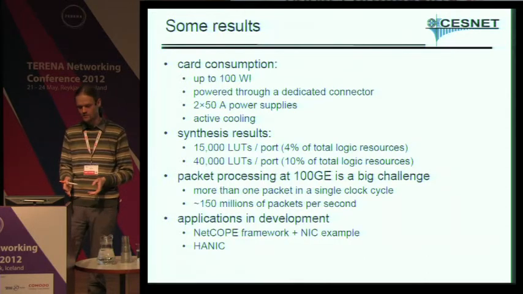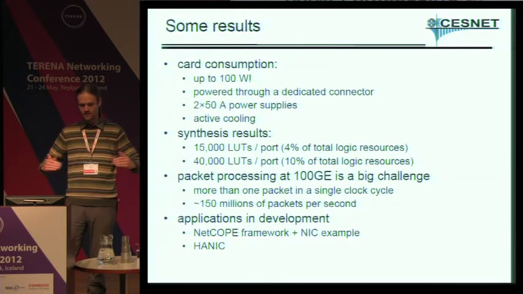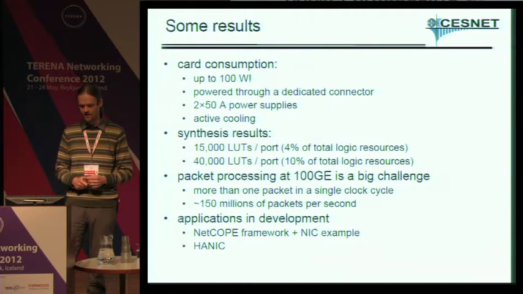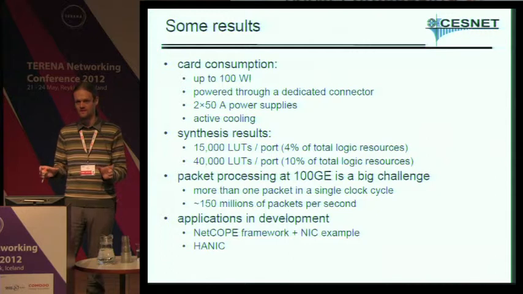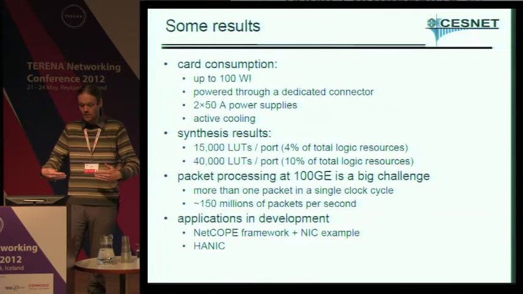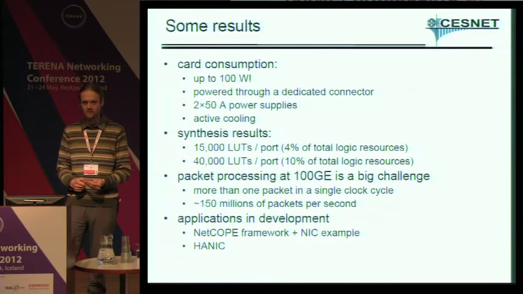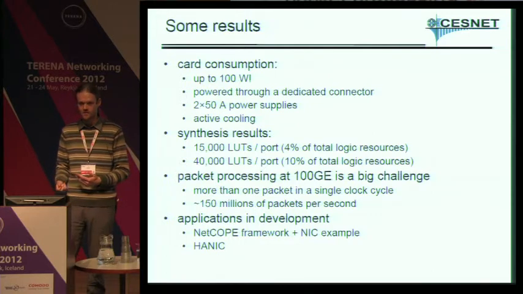Probably we will use a 512-bit path, which means that within one word we can have the end of one packet, the interframe gap, and the beginning of the next packet within the single word. And we have to deal with that, because if we delay something, we will lose data.